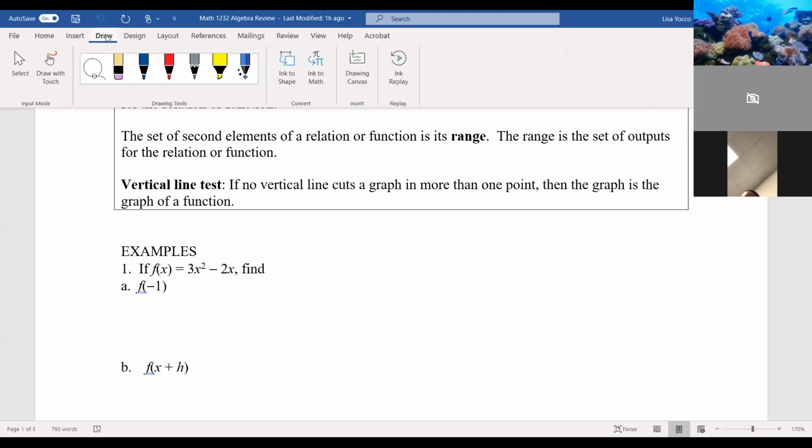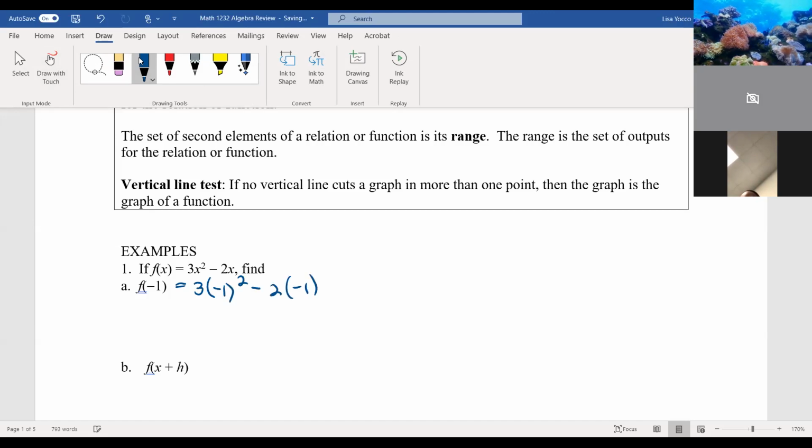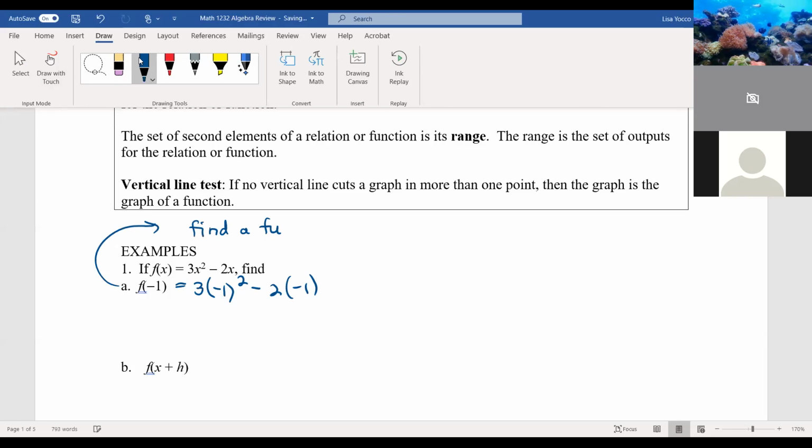What does that tell you to do? It tells you to substitute the number in parentheses for x, right? So we call this finding a function value.